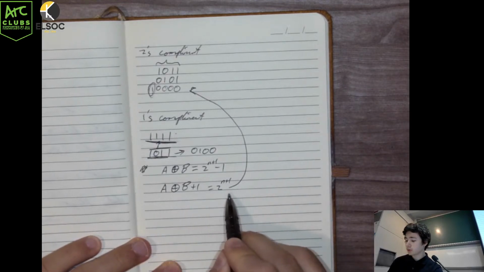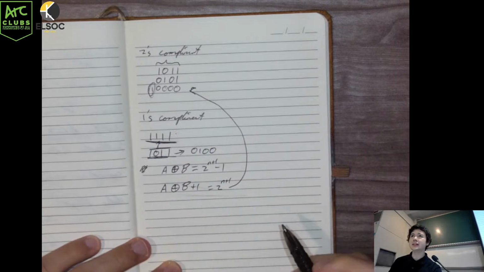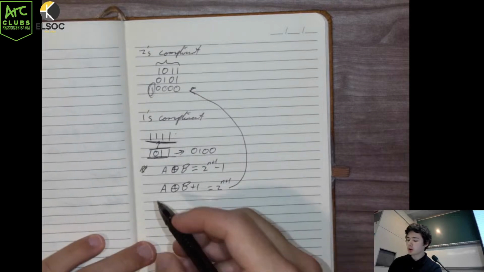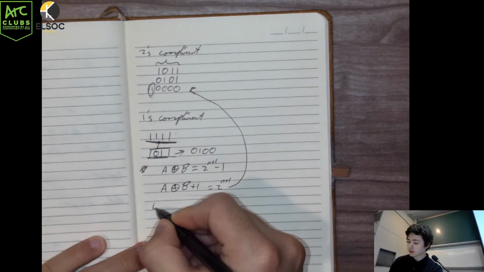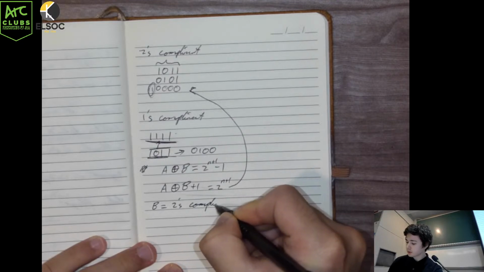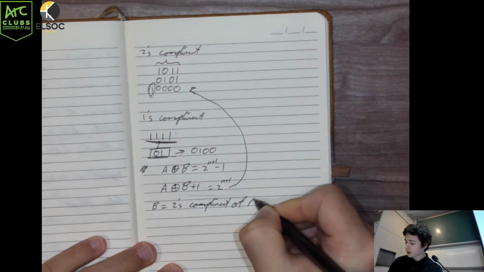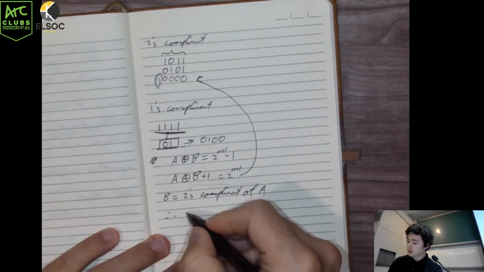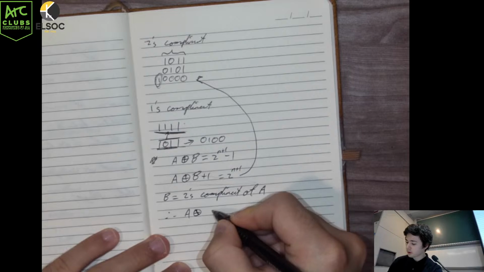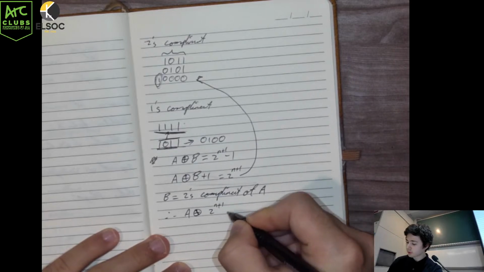When we use this idea to figure out how XORs work, we say B equals the two's complement of A. First, I do A XOR with 2 to the n plus 1 minus 1.